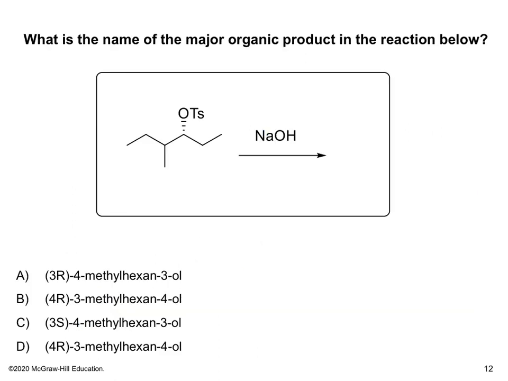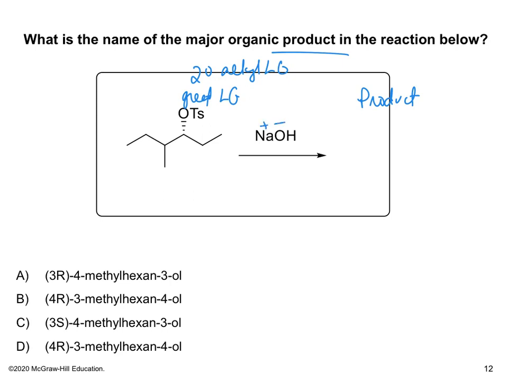What is the name of the major organic product in this reaction? Okay, so what's the product? So first we've got to pick the product, and then we're going to name it. Here is a great leaving group, the tosylate, and this is a secondary. So remember, secondary alkyl leaving groups can go all kinds of ways: SN1, E1, SN2, E2.